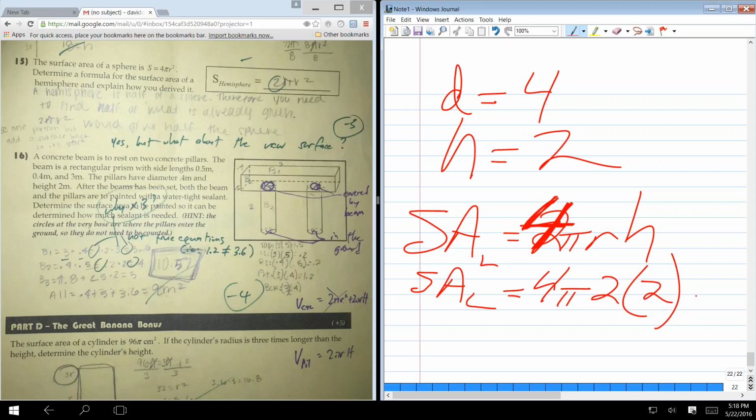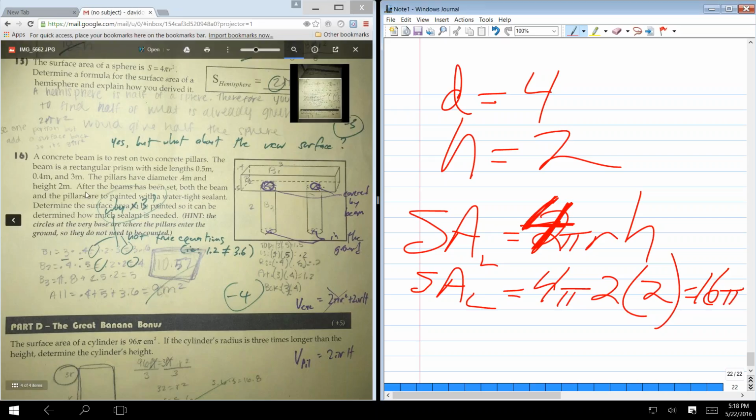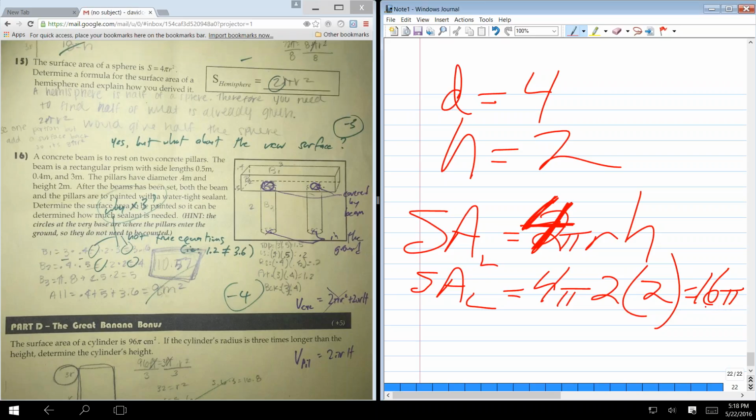So 16 pi. Knowing that surface area doesn't tell you anything about the paint. Let's say that 1 can of paint could paint 8 pi area. Well, then you need 2 cans of sealant to cover these 2 cylinders.